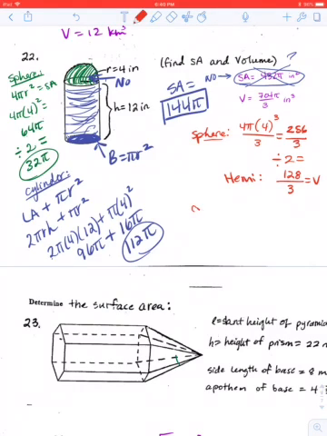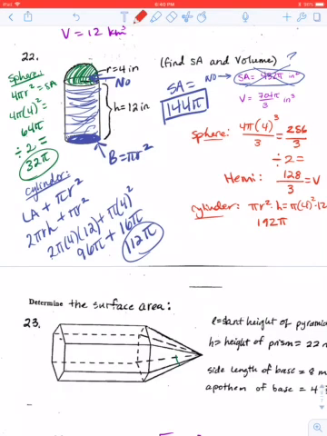And then for a cylinder, the formula is going to be pi r squared times the height. So pi 4 squared times 12. So that is 192 pi for the cylinder.